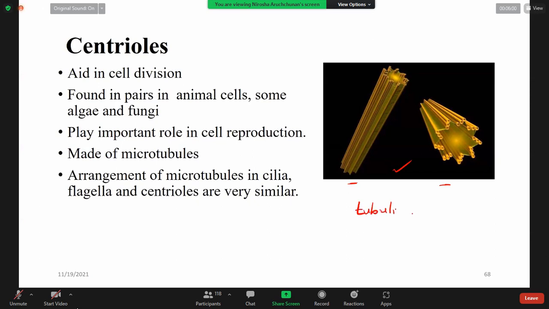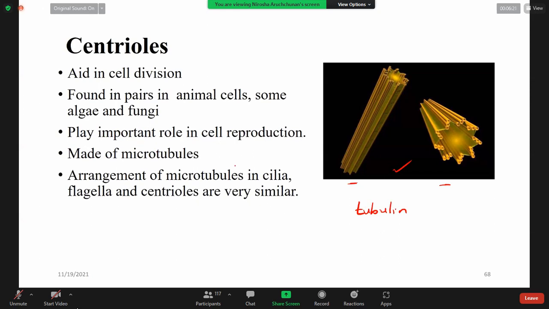Where can you find the tubulin protein? Microtubules, yes. And the fibril is a set of interlinked triplets, right? So here we can observe that structure.